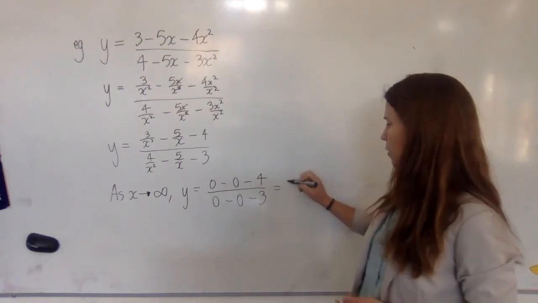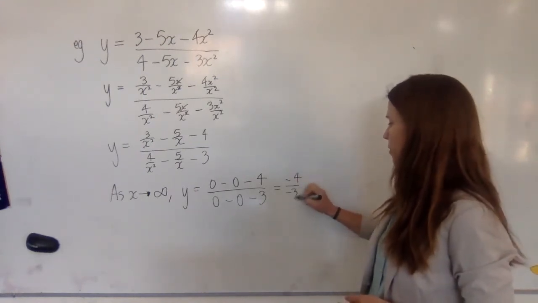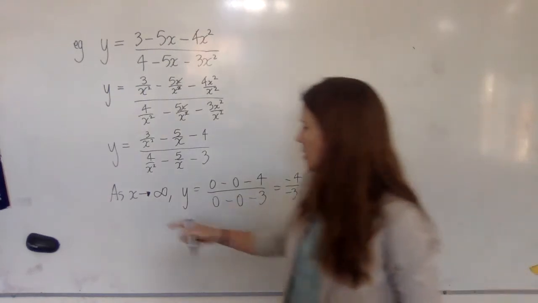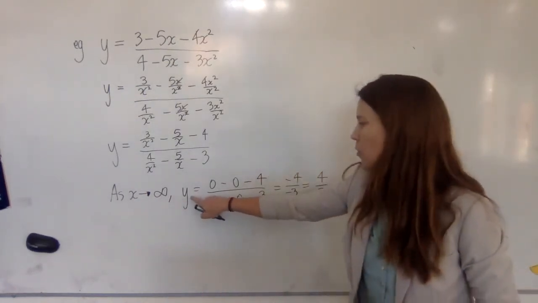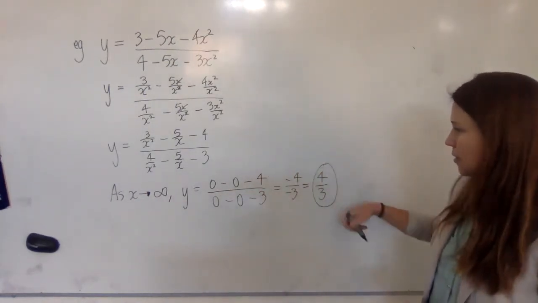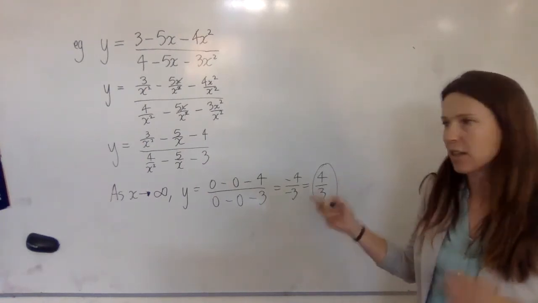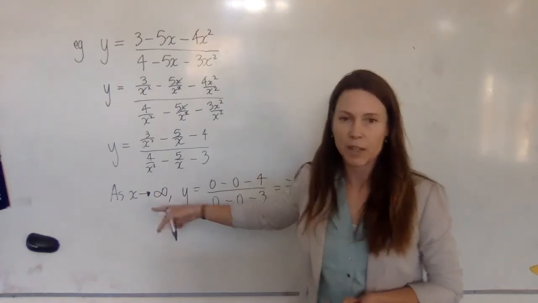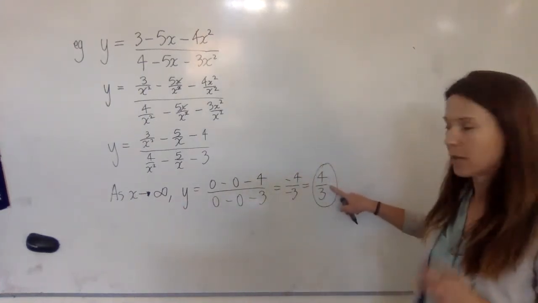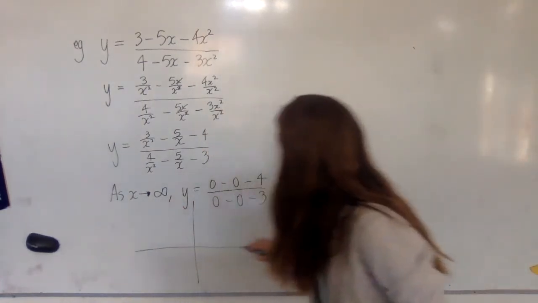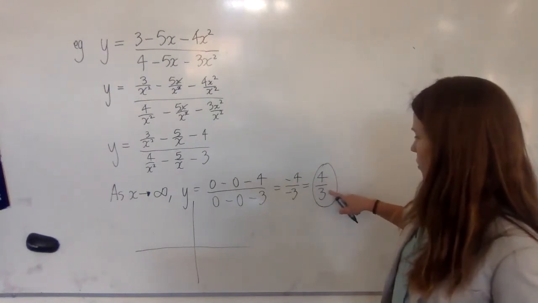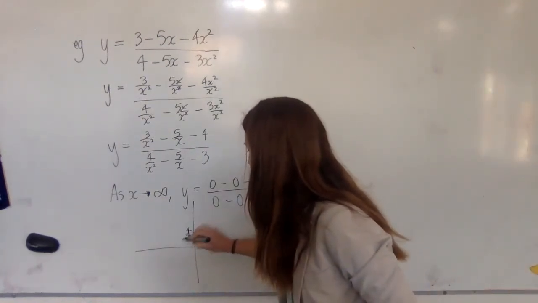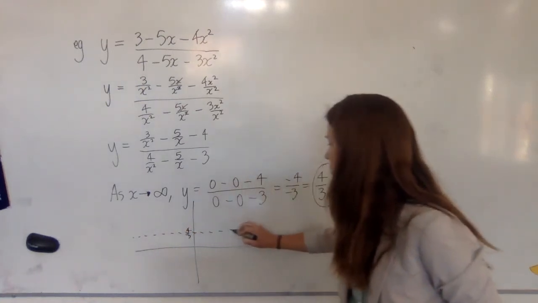So tidying that up, we've got negative 4 over negative 3, which is just 4/3. And that tells us that as x gets massive, y approaches this, okay? But it won't actually ever reach it. How do you know? Well, x will never reach infinity, so y will never reach this number. And so that tells us that there is a horizontal asymptote when y is 4/3. So make your mark here for 4/3, and we're going to have a horizontal asymptote.